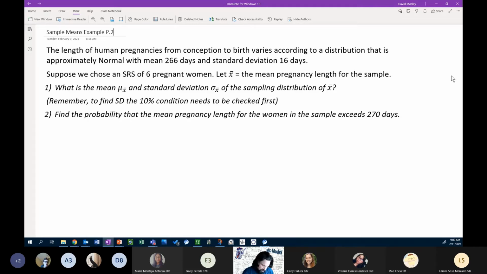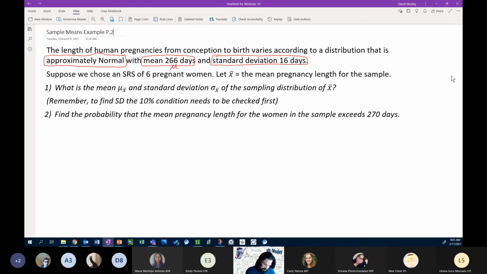So we know that the population is approximately normal. We have a mean of 266 days and a standard deviation of 16 days. This also means that the mean and standard deviation here are for the population.